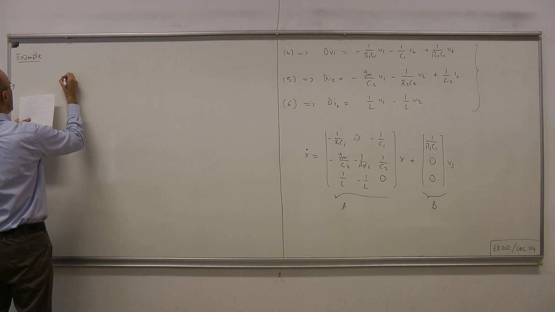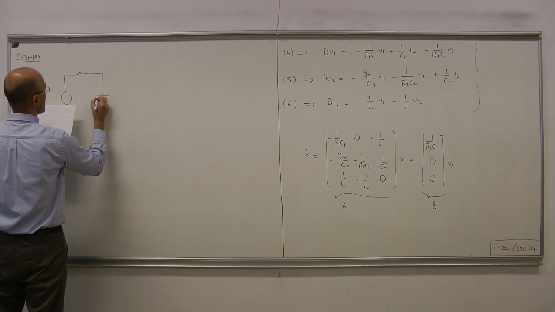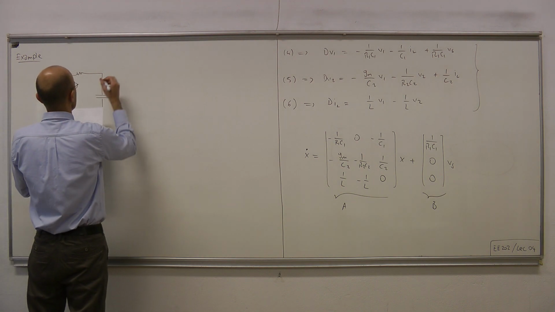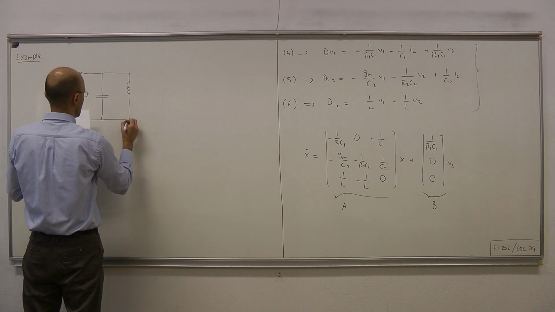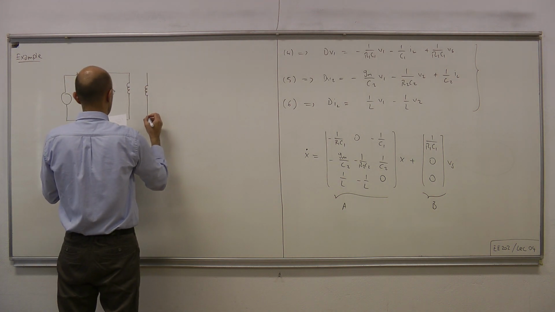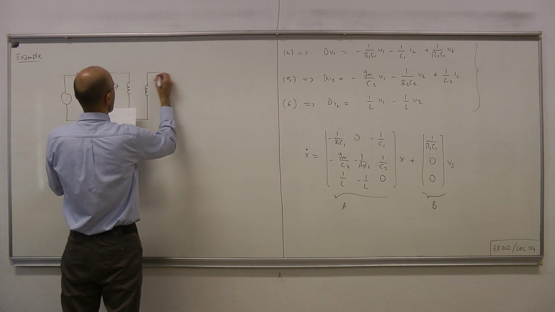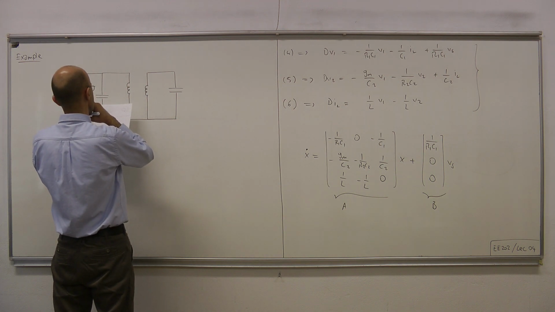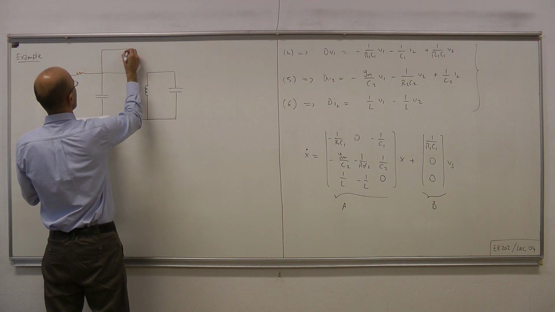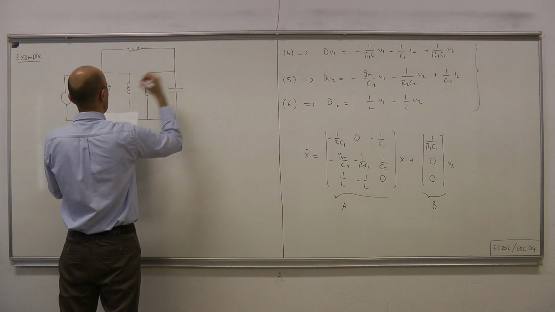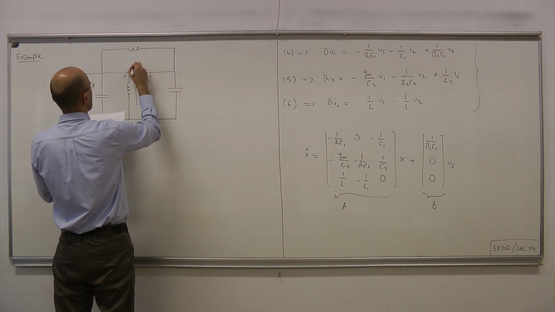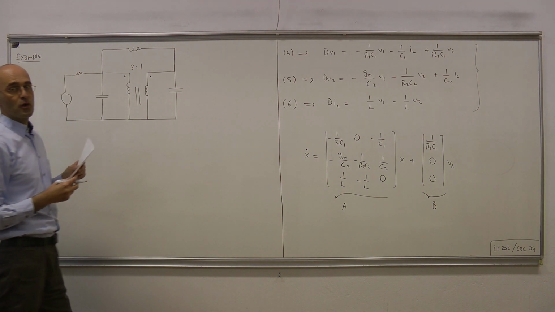This time we have an ideal transformer in our circuit with turns ratio 2 to 1.